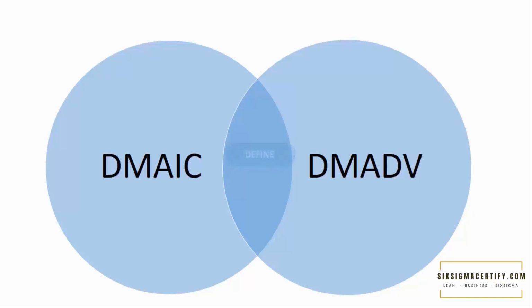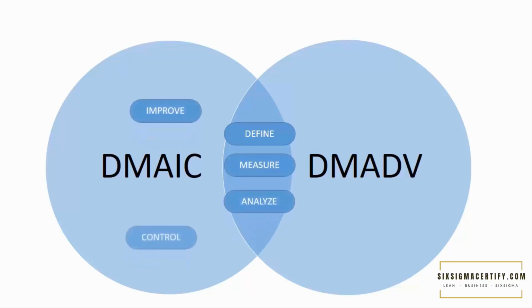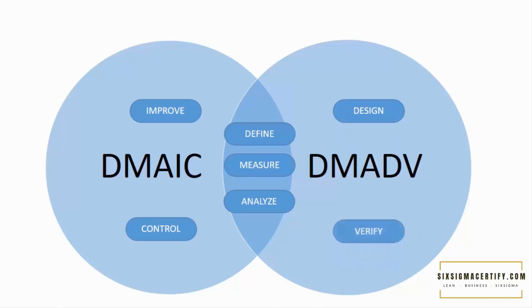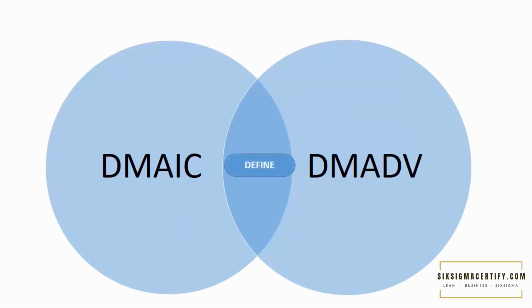The phases define, measure, analyze, improve, and control are the phases of DMAIC, and the phases define, measure, analyze, design, and verify are the phases of DMADV, or design for Six Sigma. For now, let us dive deeper into the define phase. Both DMAIC and DMADV have this phase as a common phase.